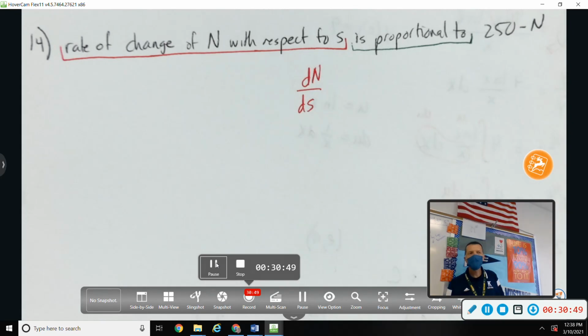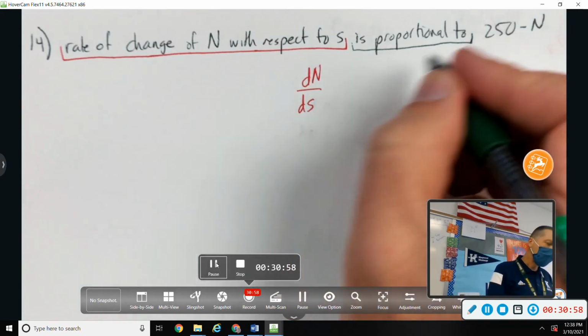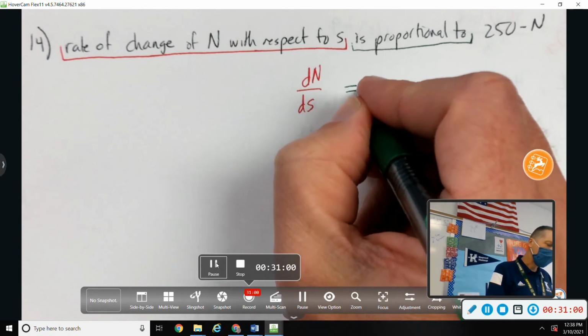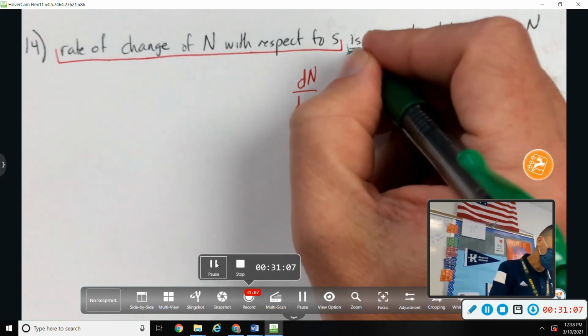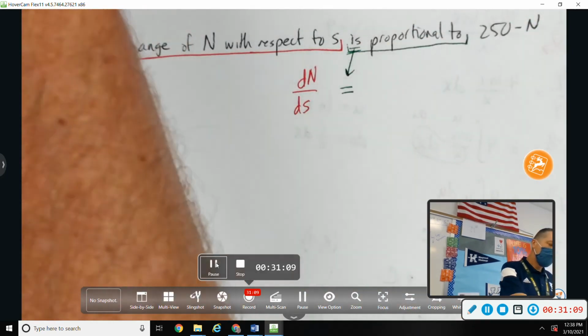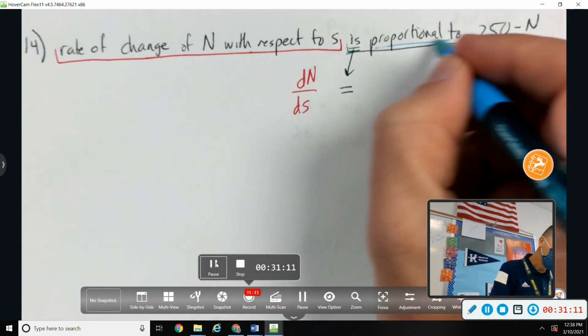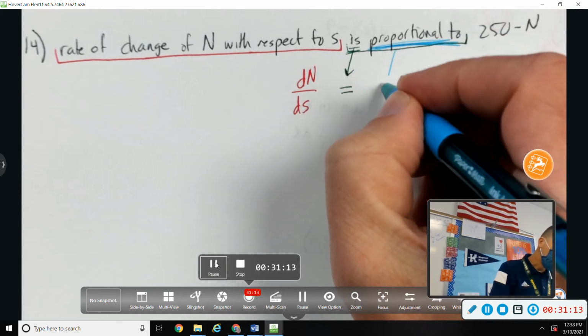Is proportional to. Remember how to do proportionality stuff? Equals is part of it, but it doesn't just say it equals 250 minus n. It's proportional to 250 minus n. In fact, I guess we could have said the "is" was the equal part, and proportional means there's a k there.